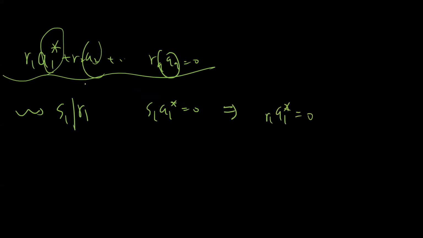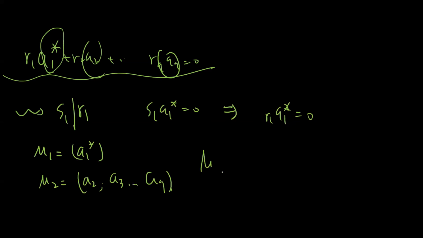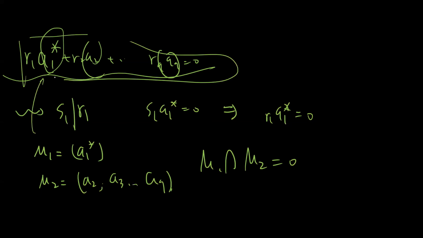Which shows that, suppose M1 is the cyclic module generated by A1 star, and M2 is the module generated by A2, A3, up to AQ. Then you prove that the intersection of M1 and M2 is 0, because there is no element of M1 inside M2. If there were, you would have this equation, but by the previous lemma it must be 0.